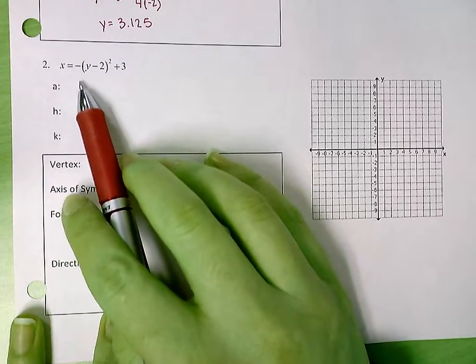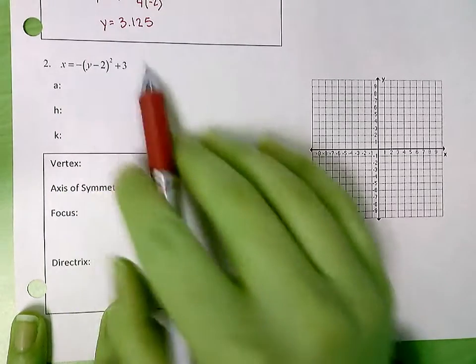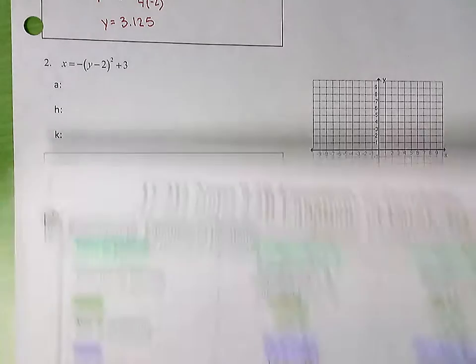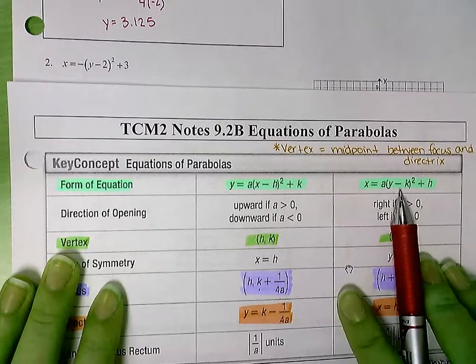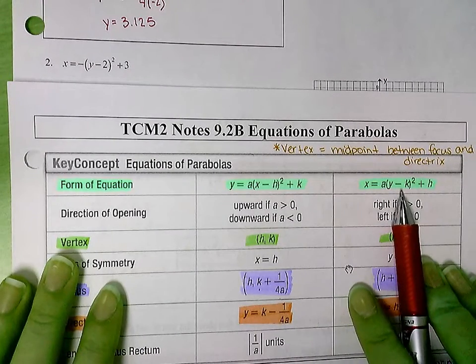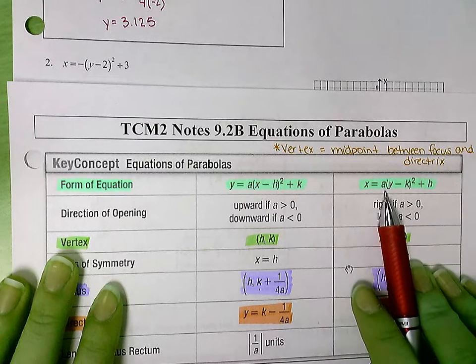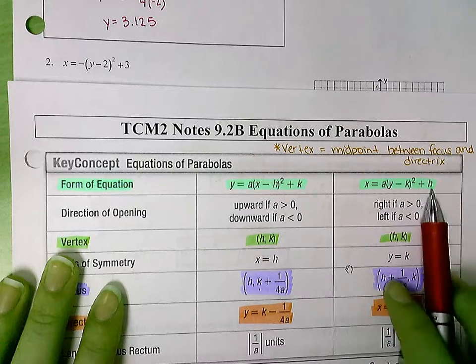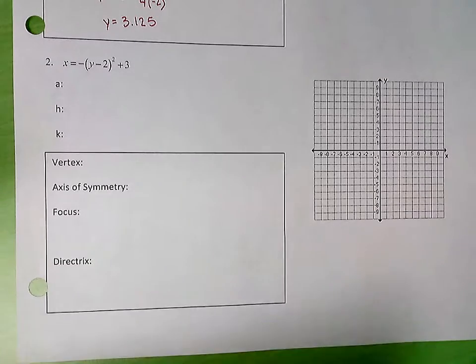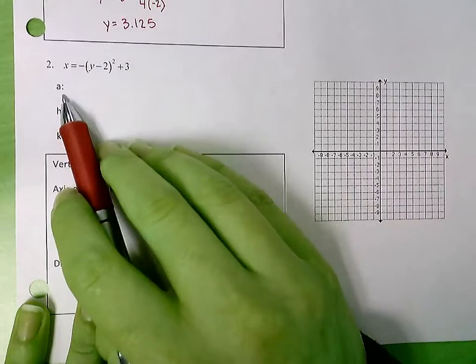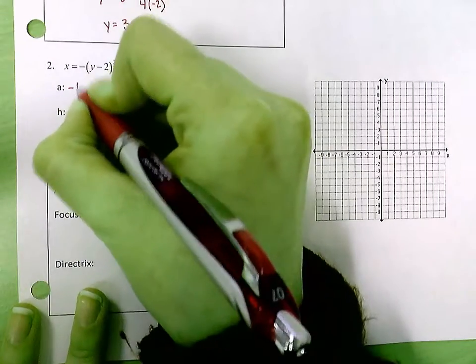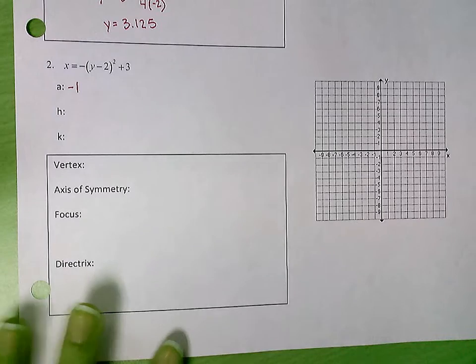All right, so number 2, this one's in a different form of equation. That's your x equals equation, this one right here. So a is still out front. However, k is inside the parentheses and h is at the end. Our a value here is negative, so that will be -1.